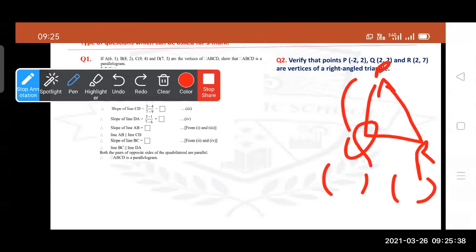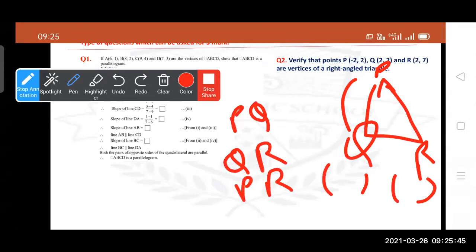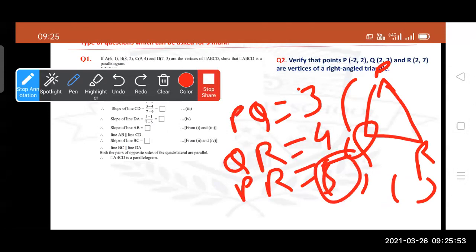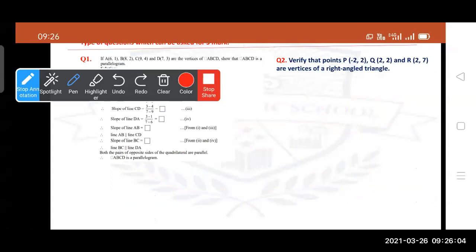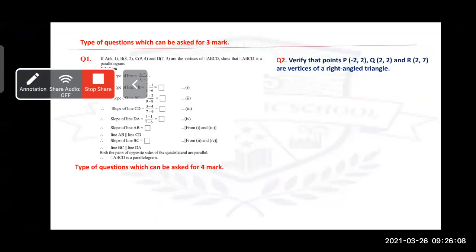First you have to find PQ, QR and PR by using the distance formula. Suppose you get PQ equal to 3, QR equal to 4 and PR equal to 5. Then 5 square is equal to 25, and 3 square plus 4 square is again 25. Then in this case we say that PQR are the vertices of a right angle triangle.